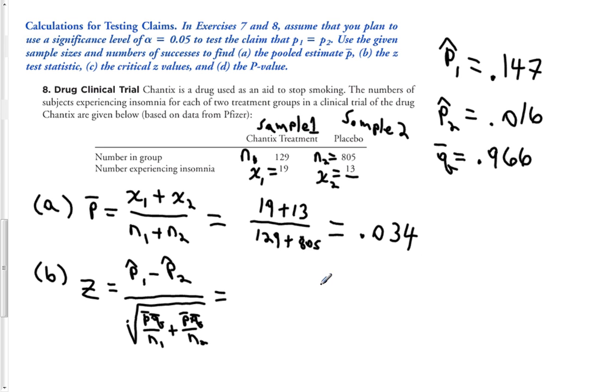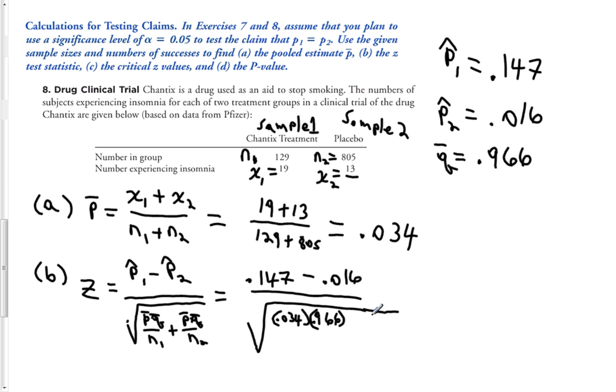All right, so doing these calculations, let's see. We have p1, which is 0.147, minus p2, which is 0.016, divided by the square root of p bar times q bar, which is 0.034 times 0.966, oops, 0.966, not 0.996, divided by n1, and n1 is 129, and then we're going to add that same product, 0.034 times 0.966 over n2, which is 805.